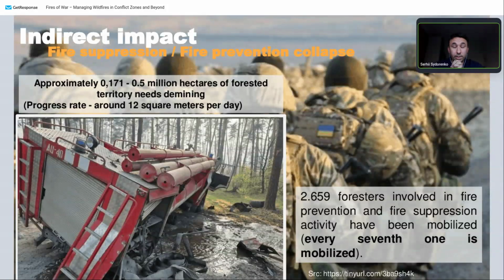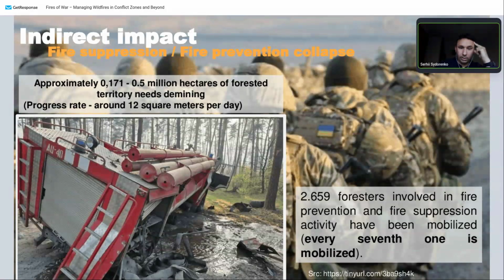There are no other forestry treatments that contribute to reducing fire risk on the territories, and it also leads to increasing fuel load, and in the future it leads to more catastrophic and more intense forest fires on those territories.